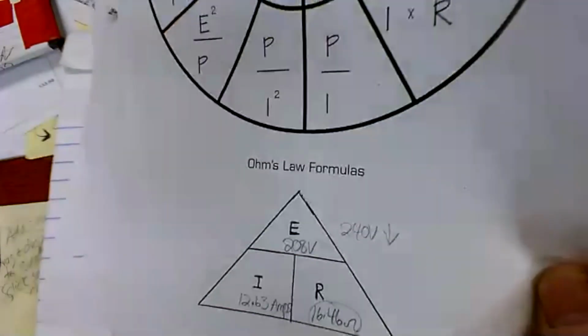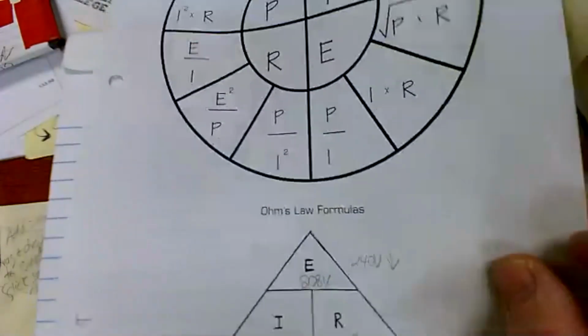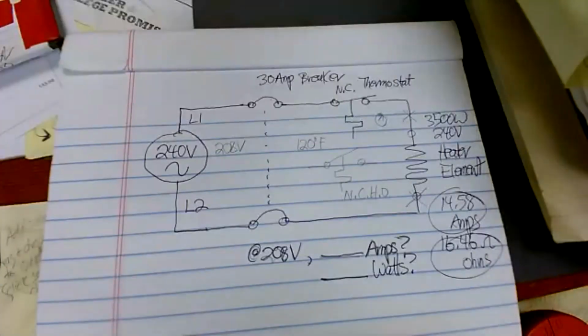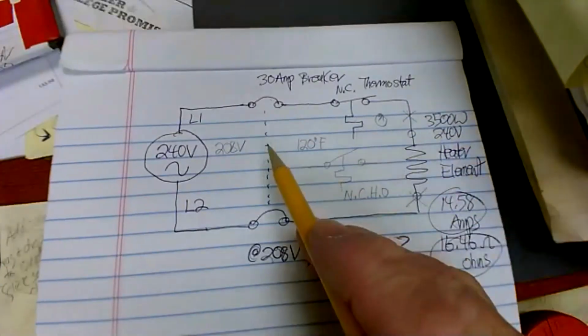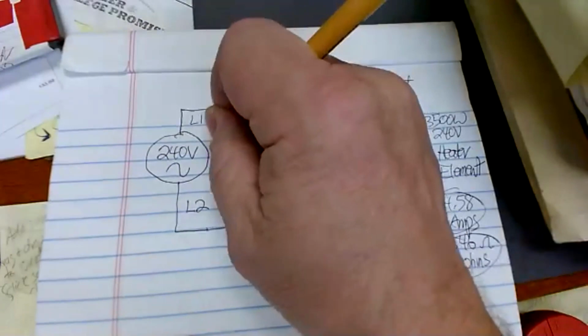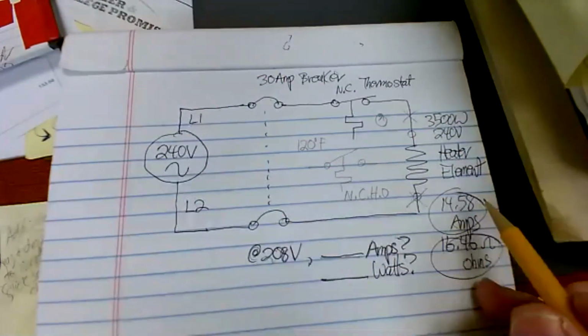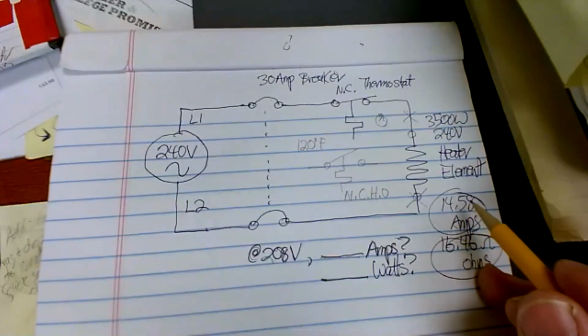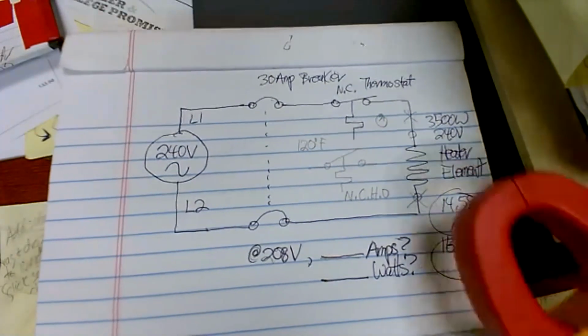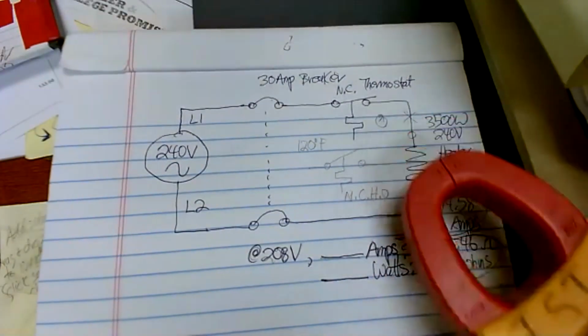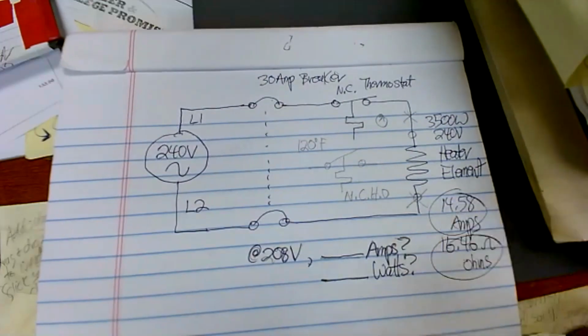But bottom line, your first calculations, if you were actually running it at 240, would have to be close to that number of amps whenever you check the amps around one of these leads. And the resistance, when you check it unwired, would have to be close to that.